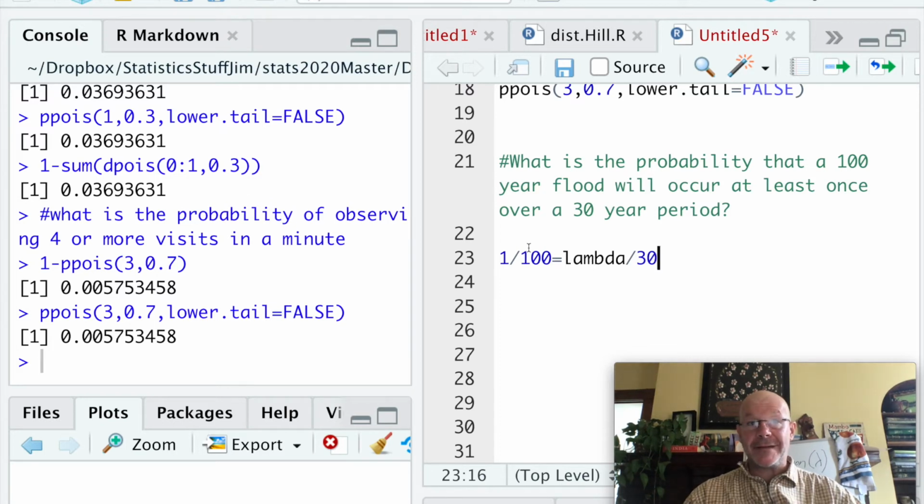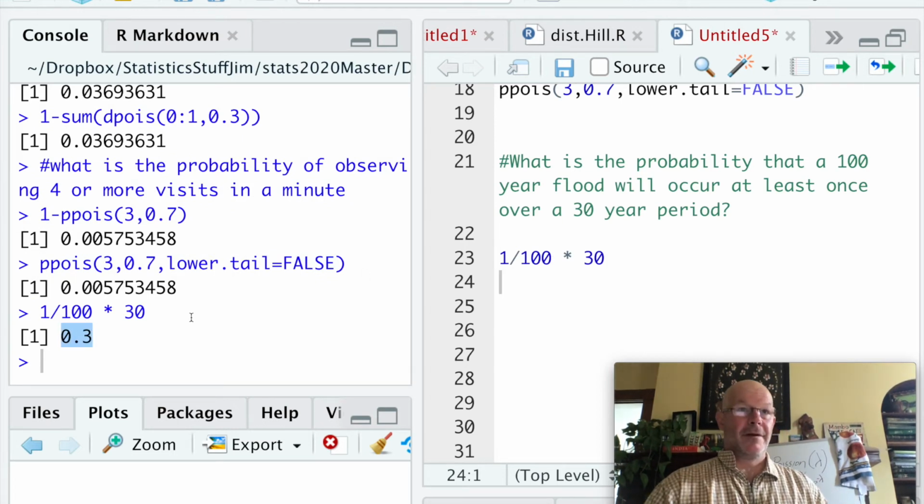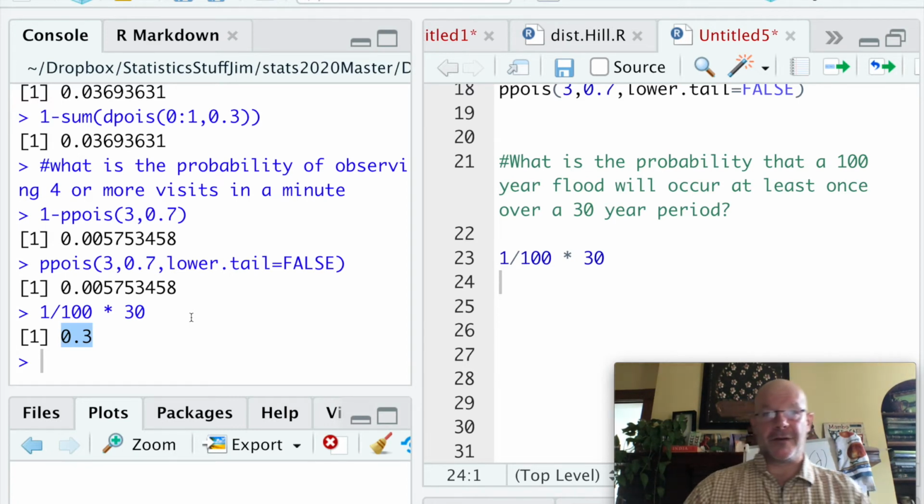And so the rate at which we're thinking about things, we just do a little bit of arithmetic, and we take that times 30. And so our rate parameter is 0.3. And so if we expect, per year, there's a 1 in 100 chance, per 30 years, there's a 0.3 chance.